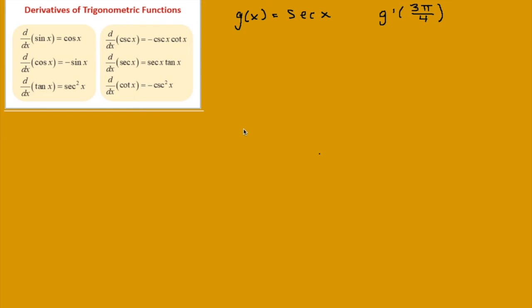Let's look at one more example, and let's find g prime of 3 pi over 4 if g of x is equal to secant x. First, we'll find our derivative of secant x, g prime of x, consulting our chart, and we'll see the derivative of secant x is secant x times tangent x.